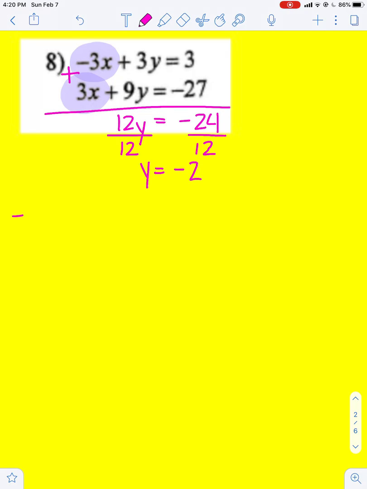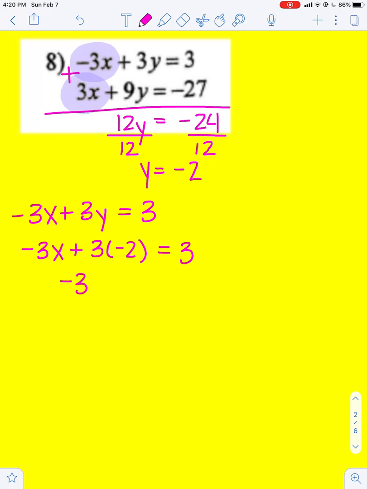So I'm going to use negative 3x plus 3y is equal to 3 to solve for x. So I'm going to say negative 3x plus 3 times negative 2 is equal to 3. So negative 3x plus negative 6.